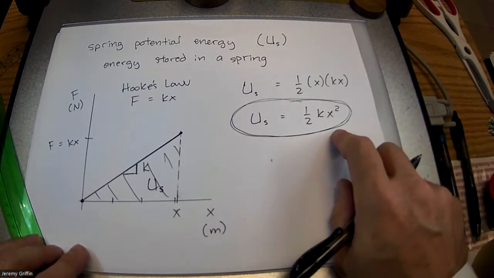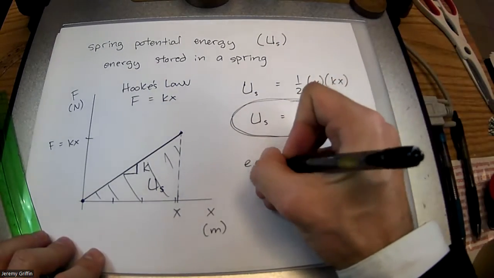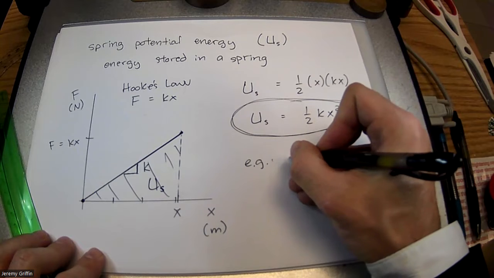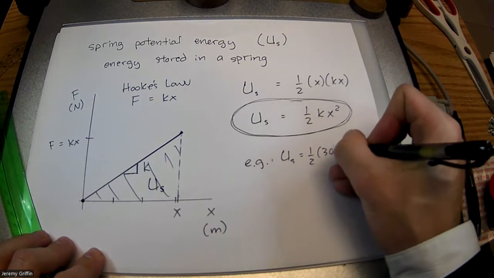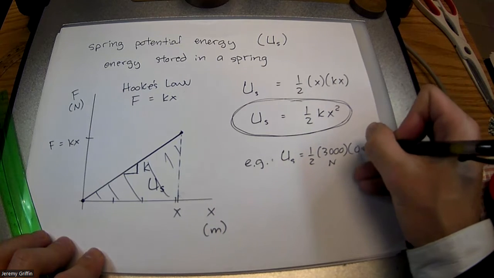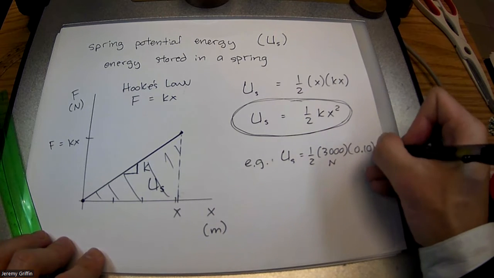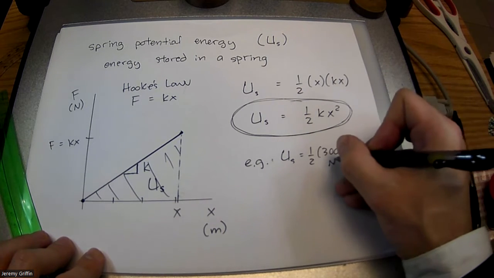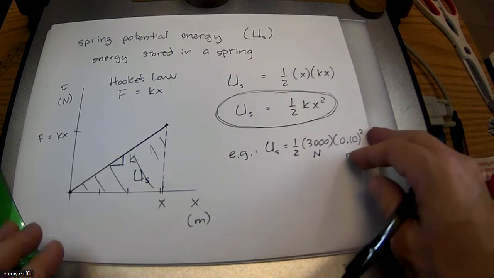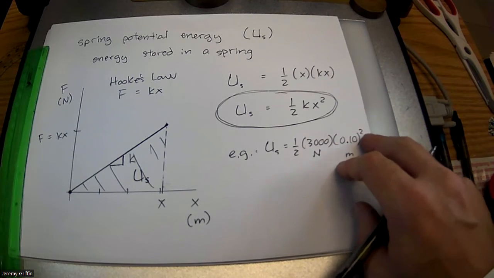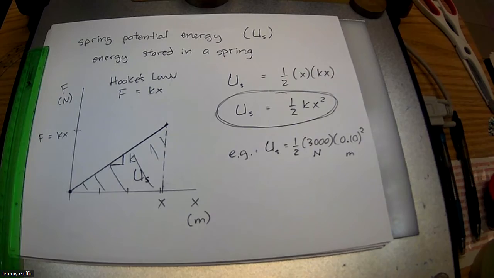Let's run an example. Let's say the spring constant was 3,000 newtons per meter, and the amount you compressed it was 10 centimeters. I could also call it 0.10 meters. So the compression distance, square that, whether stretch or compress. Multiply by the spring constant and divide by 2.